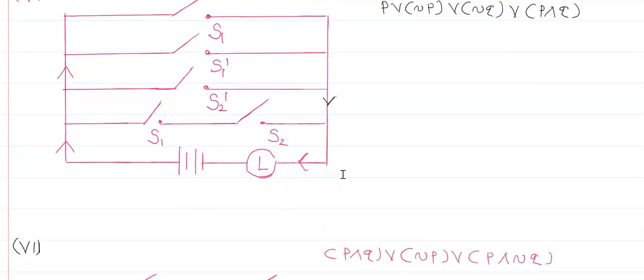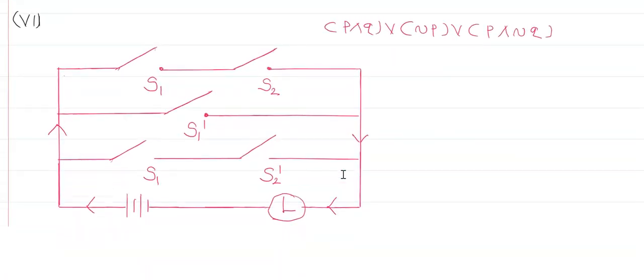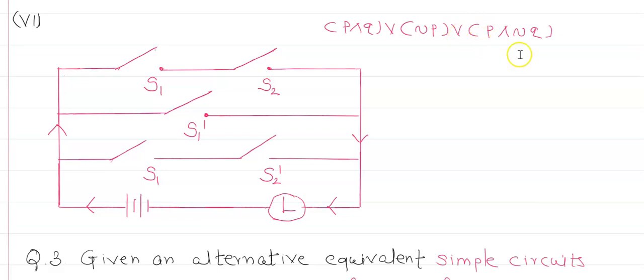Now the next is the sixth one, that is P and Q or negation of P or P and negation of Q. Now first is P and Q. This is S1 and S2. They are in a series. Again it is in parallel with the negation of P, means what?